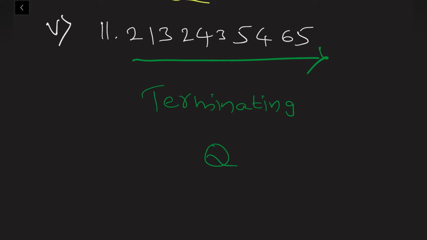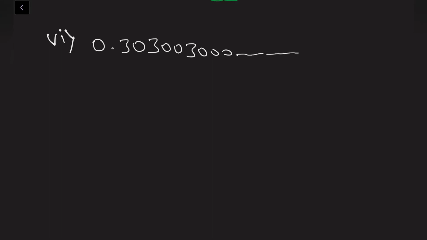Next, in this bit only, question number 6, we have 0.30300300 and so on. If we observe it, first of all, this is not terminating.